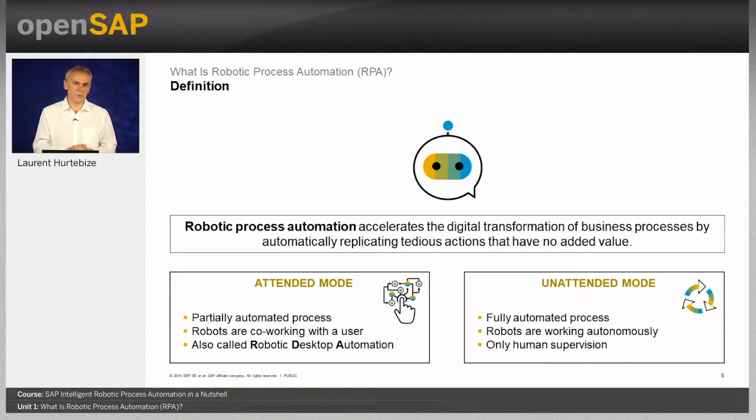On the other hand, when a large set of tasks doesn't need any human interaction, then we talk about unattended mode. Remember the case, same input, same selections, but now the process shows that the validation step is not mandatory. The bot is autonomous, unattended.